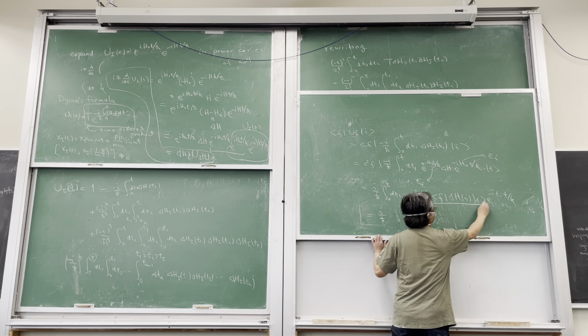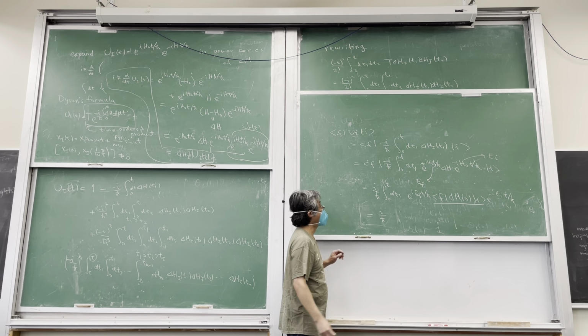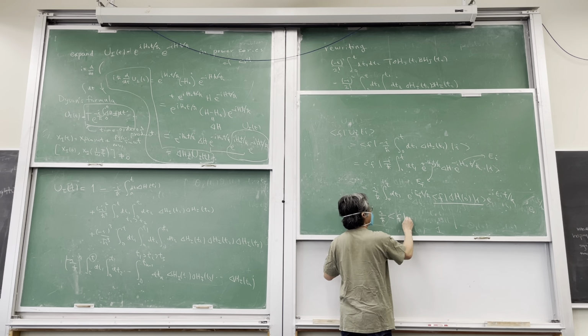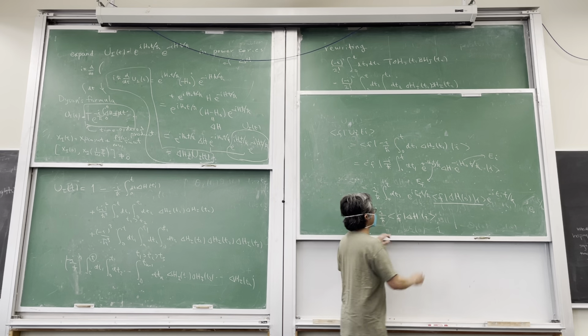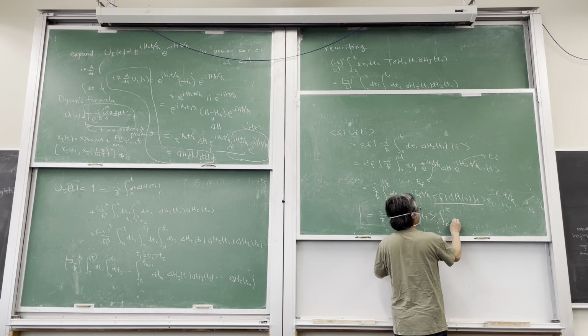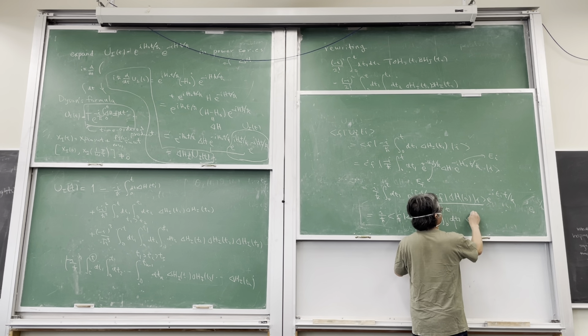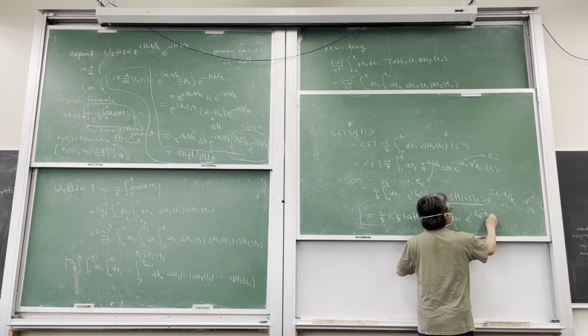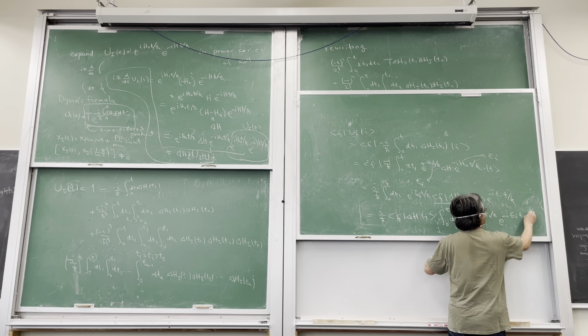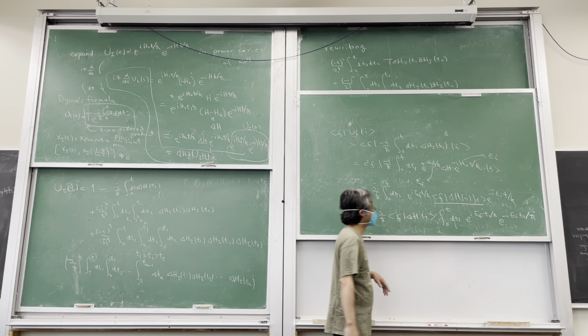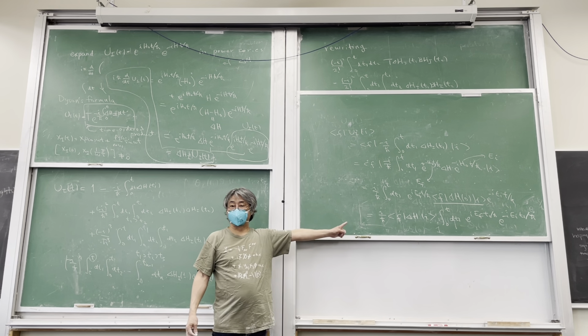Then this matrix element no longer depends on the time, so I factor this out. Then I have this integral, 0 to t. And that's a simple integral.